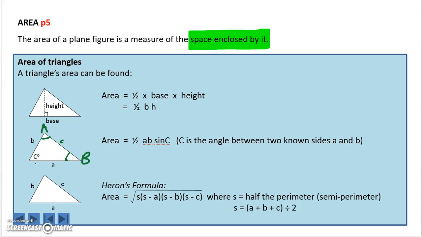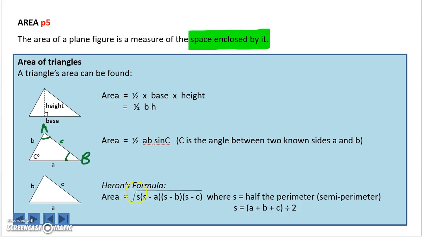And the third formula is called Heron's formula. Looks a bit more complicated than it is. This is when you're given no angles at all and you're just given 3 sides, A, B and C. So the formula looks like this.